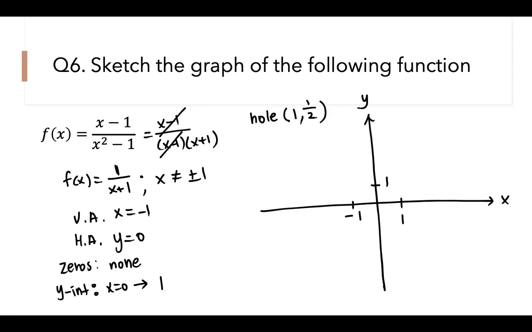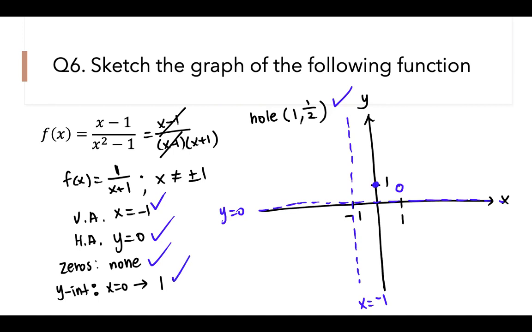So I'm going to draw a hole over here. Here's a hole. Okay. Next, we have a vertical asymptote at x equals -1. And we have a horizontal asymptote at y is equal to 0, so right on the x-axis. Okay. There are no zeros, so we don't care. And we have a y-intercept at 1. So it looks like this.